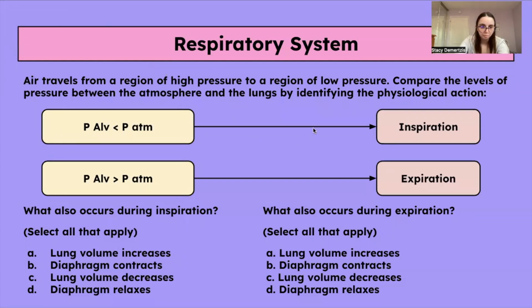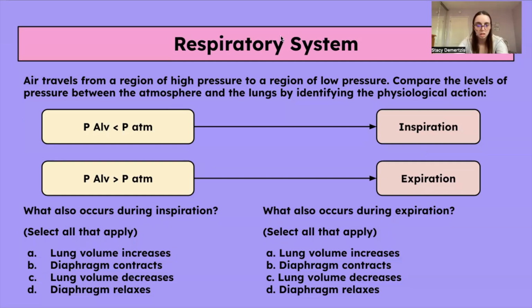If the pressure in the atmosphere is higher than the pressure in the alveoli, or the lungs, inspiration is going to occur, which means we inhale. If the pressure in the alveoli is greater than the pressure in the atmosphere, expiration is going to occur, or we exhale.